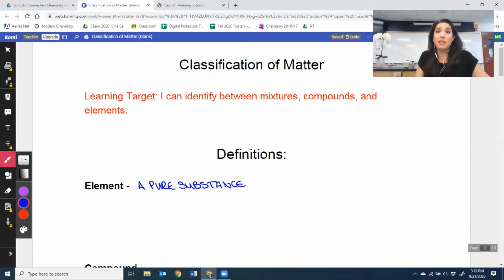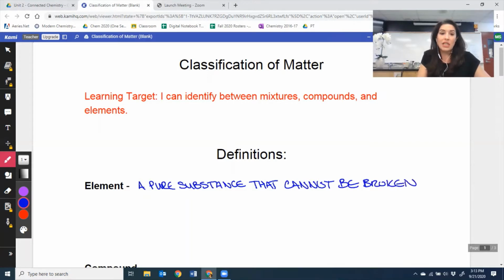They're just a collection of like atoms. A pure substance that cannot be broken down into simpler, smaller, stable substances.